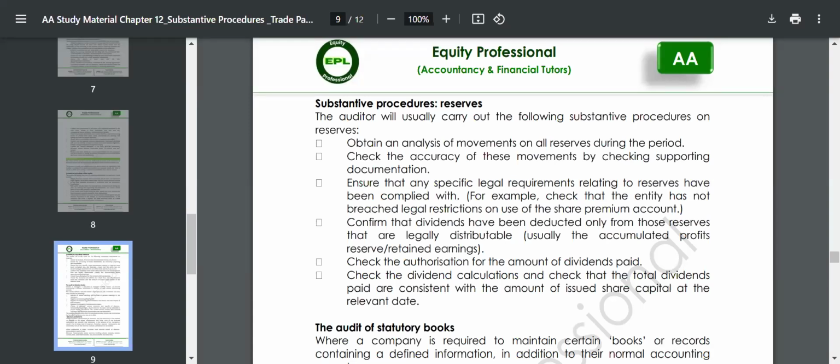Now, the second thing the auditor will do is to check for the accuracy of this movement by checking supporting documentation. It's one thing to have details of how the reserve is being used, what is happening in the reserve. It is another thing to check how accurate or how correct the calculation is.